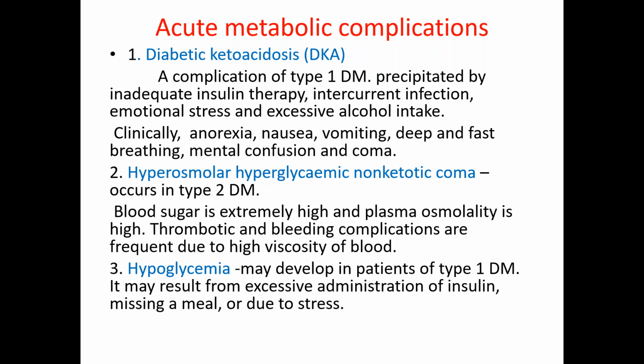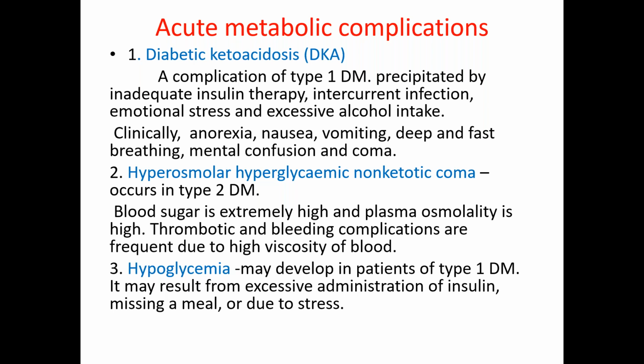This leads to thrombotic tendency and bleeding complications, and this is a frequently fatal condition. So mortality rate is high in this complication. Again, insulin and maintenance of fluids is the treatment for this type of coma.